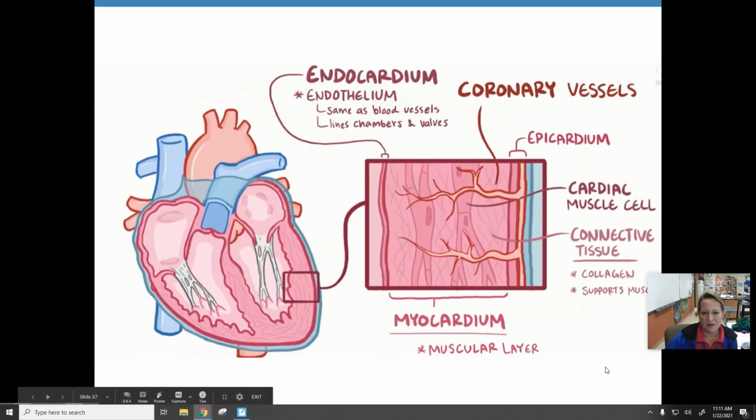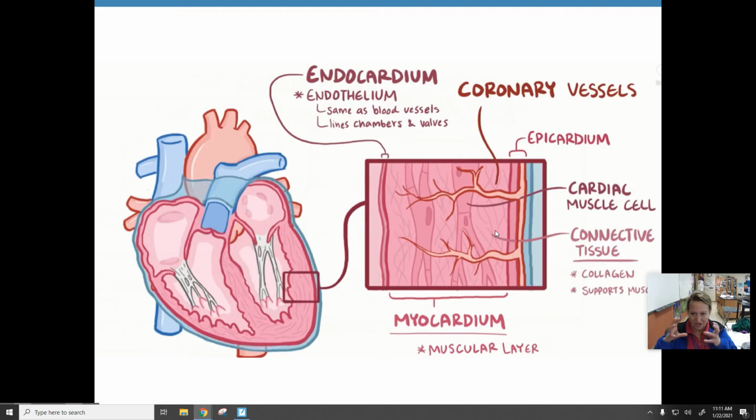The muscle itself, the myocardium, not only does it have cardiac muscle cells which are capable of contracting, but it also has connective tissue which provides kind of a collagen framework for the heart, and that supports the muscle. And then on the inside, well, the epicardium is the layer on the outside.